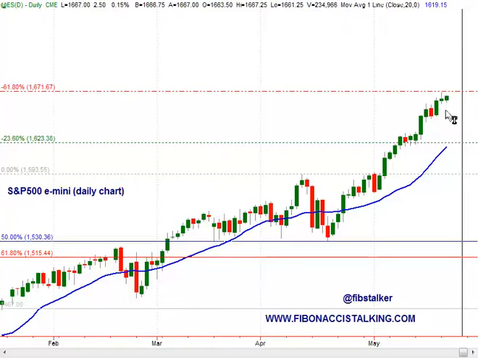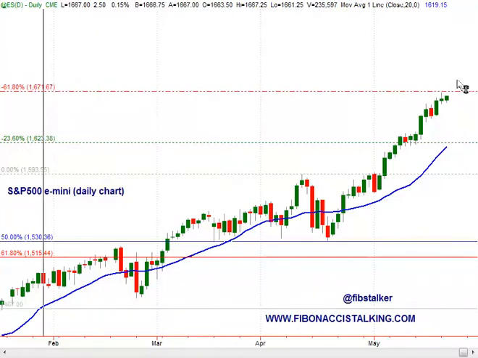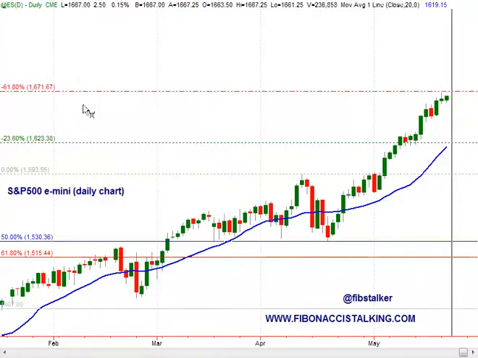What we know is that if price continues higher, then we should see additional profit taking at that 1677. Now, what is important to understand is that profit taking will eventually come.